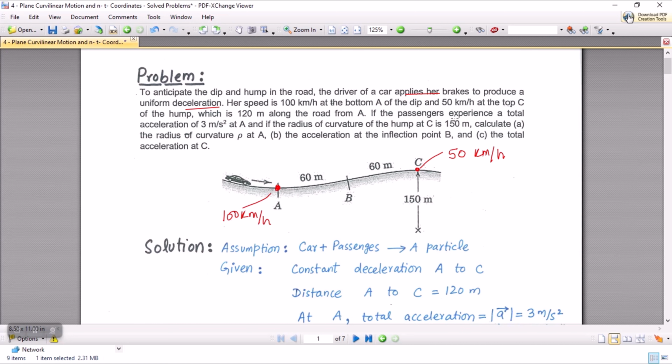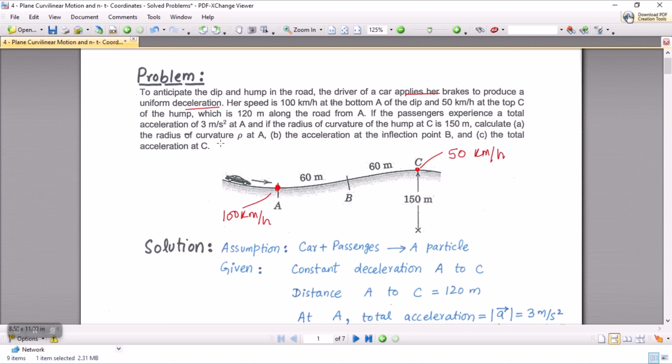If the passenger experiences a total acceleration of 3 meter per second square at A, it is not the component of acceleration but the total resultant acceleration.